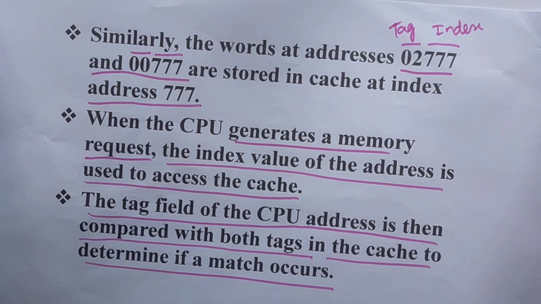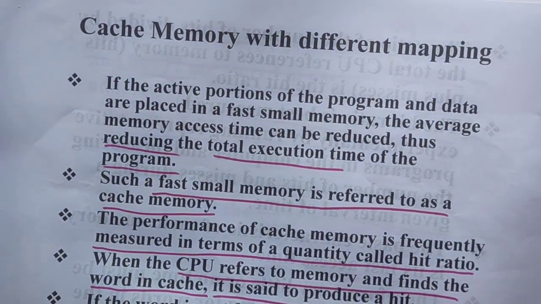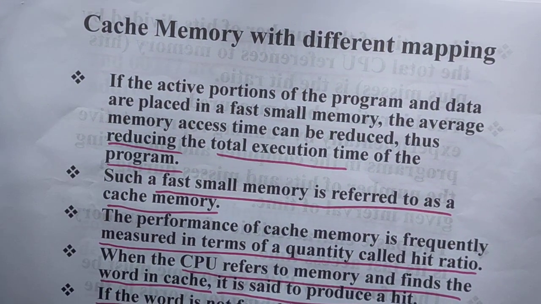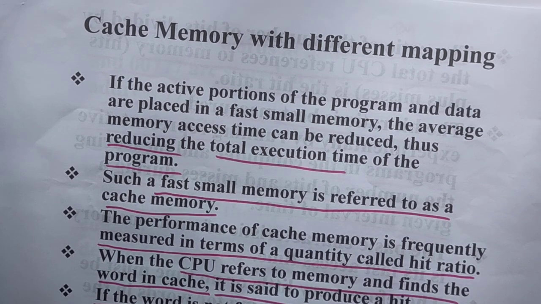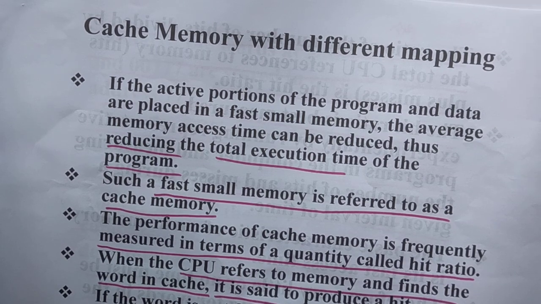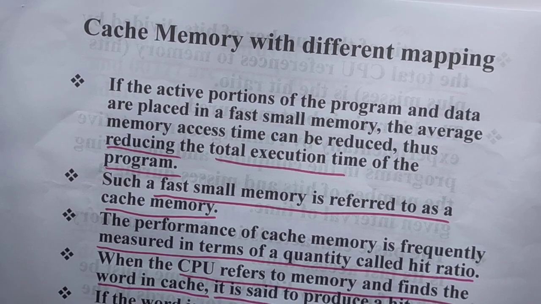So I hope all of you understand the different mappings we considered, whether associative mapping, direct mapping, or set associative mapping. So I hope all of you understand this cache memory with different mappings. This is a very typical concept of designing the mapping. Normally we know that cache memory is very frequently used to access data, but whenever searching for our data in cache memory, we go through a certain mapping, and that mapping is also designed in different ways.